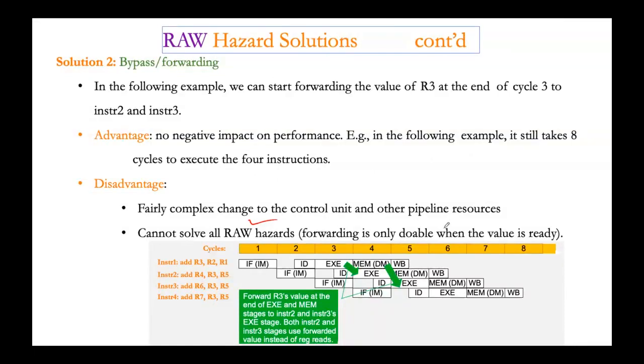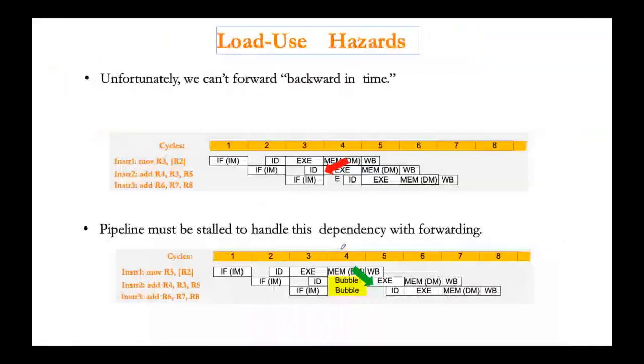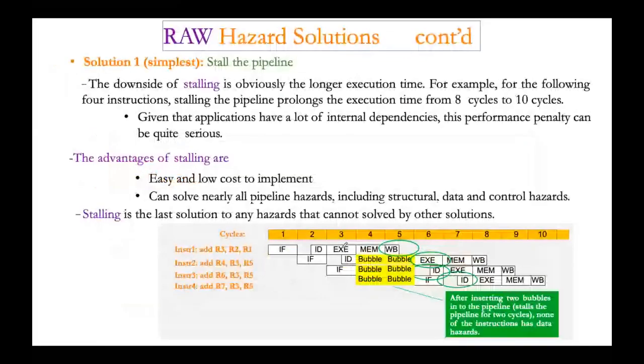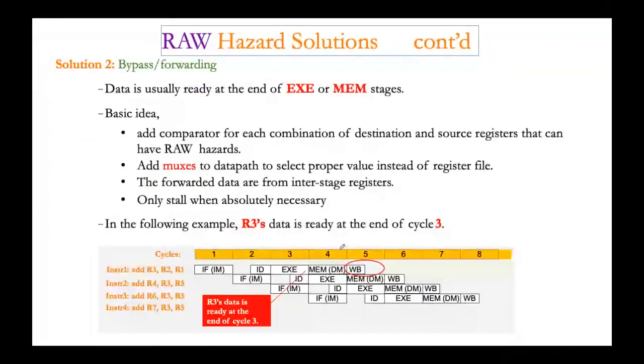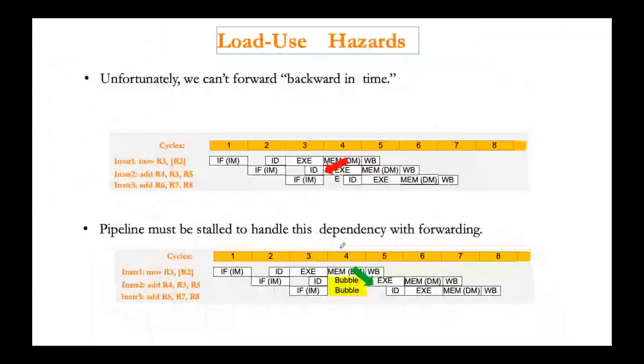and it cannot solve all the read after write hazards. Forwarding is only doable when the value is ready, right? So with this, if there are memory instructions, there are load use hazards with the data.